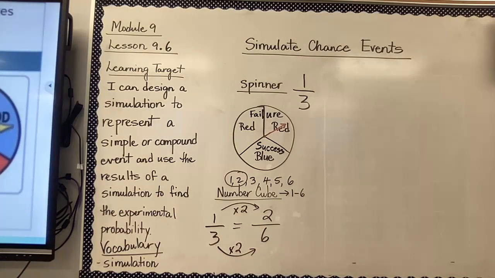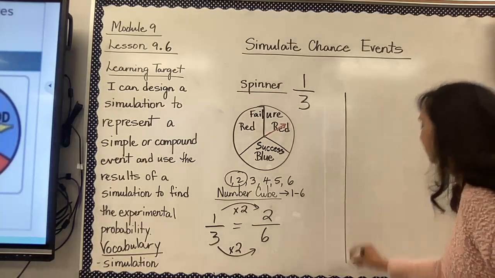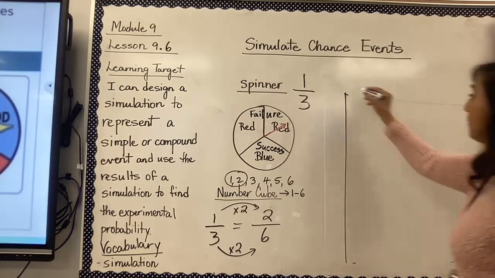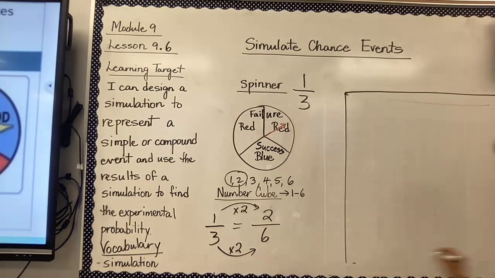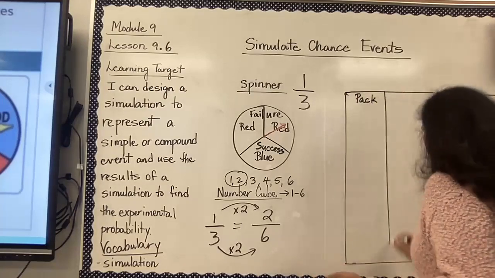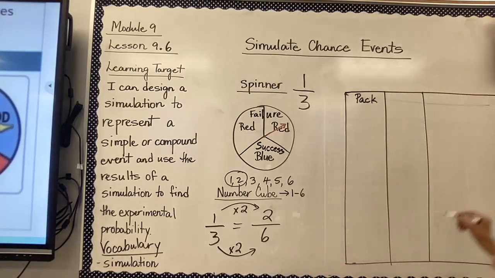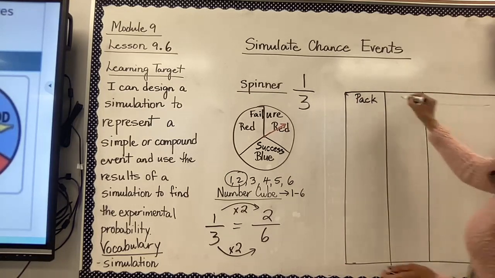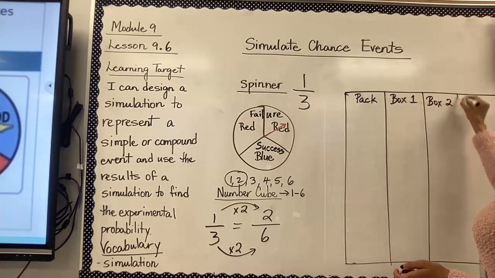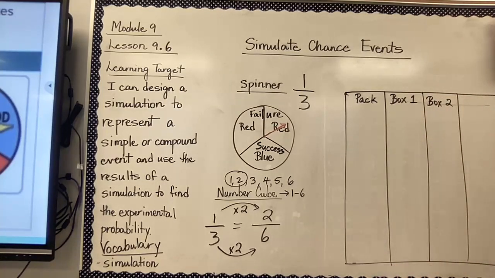So I'm just going to show a sample result in a table. Okay, so if I draw out a table, and we said that we are going to spin it 10 times. Okay, so we have our pack, box 1, box 2, and then we have both prizes.